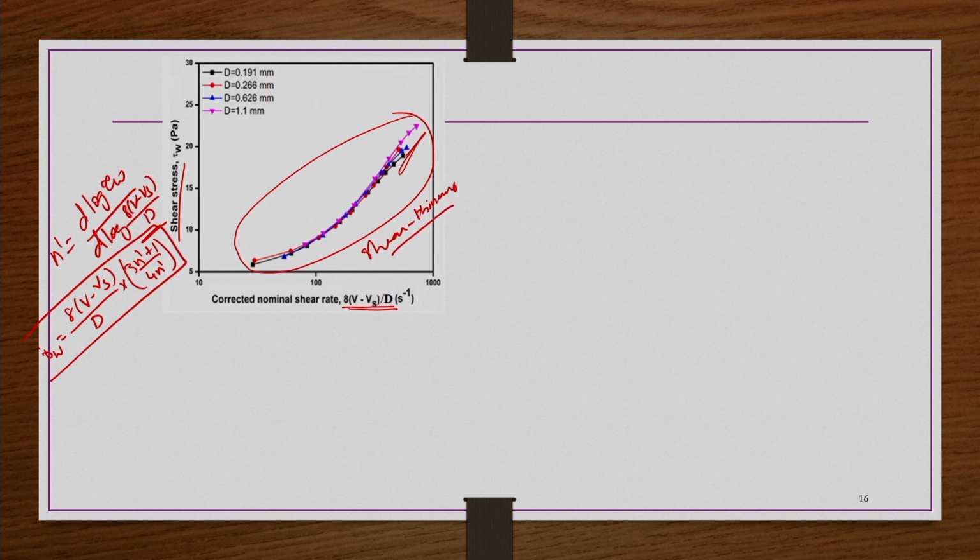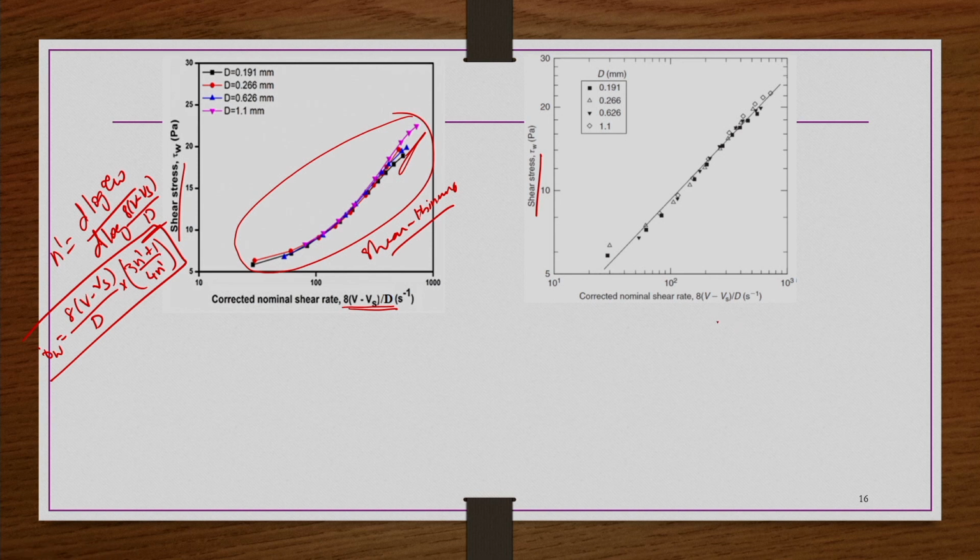For shear thinning fluids, if you apply the so-called power law curve fitting and plot log of tau W versus log of 8V by D, then you get a straight line. So, shear stress versus corrected nominal shear rate, 8(V minus Vs) by D, on a log-log curve, you may get a curve like this.